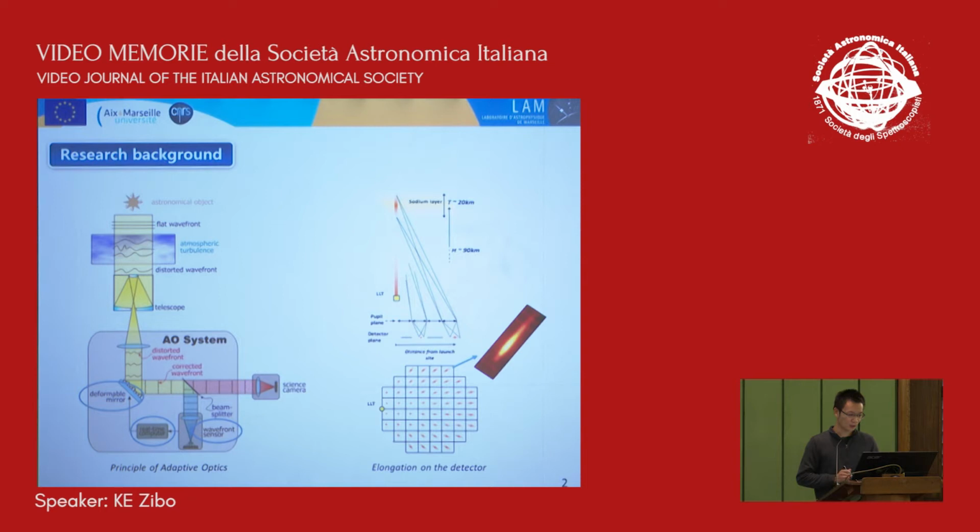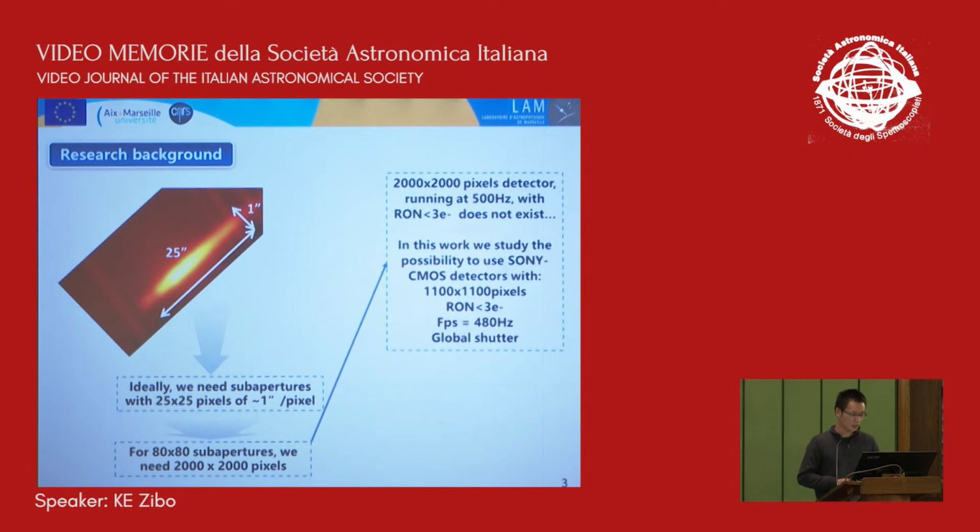On the detector plane, the spot will be elongated with the further distance from the launch site like this. This phenomenon is called elongation. In detail, we can see in this image the spot will be elongated to 25 arcseconds.